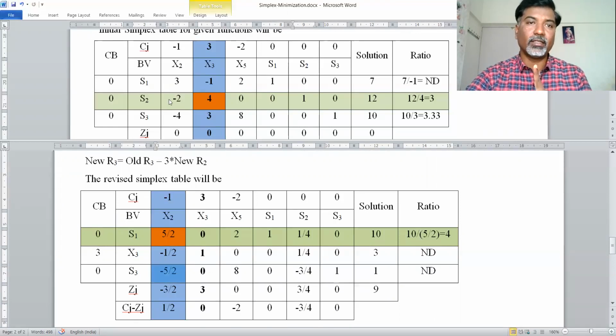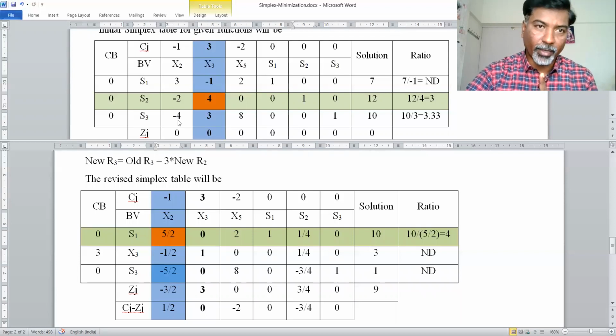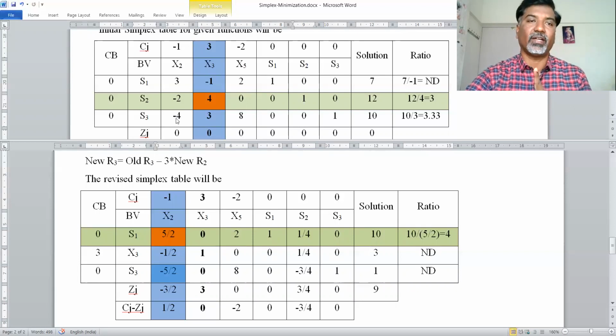What is old R3? That is -2. Sorry, -4. -4 is the old value of R3. -4 minus 3 into new R2, sorry. The value of R2 is -1/2.